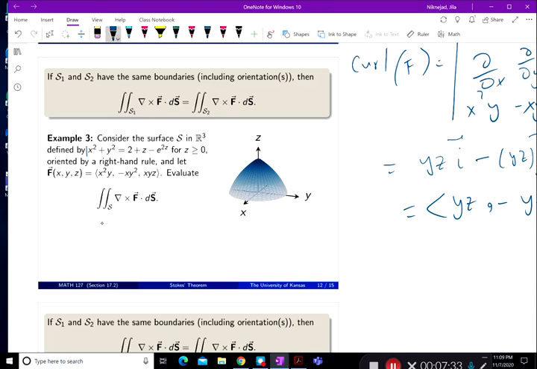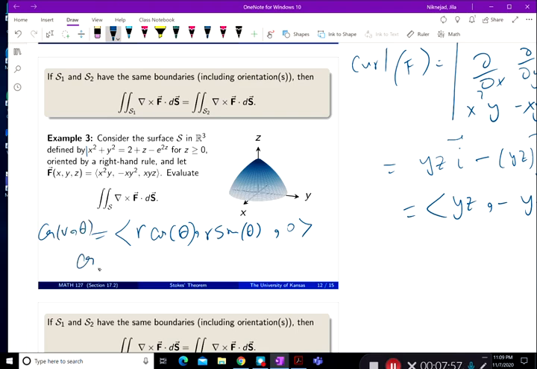And so what is that disk? The disk is r cosine theta and r sine theta, and z is equal to 0. So this is g of r and theta.